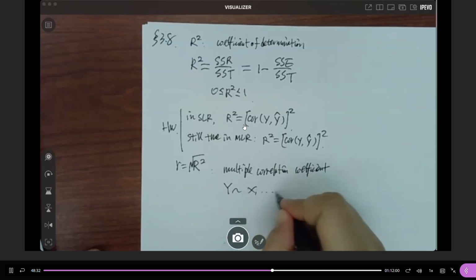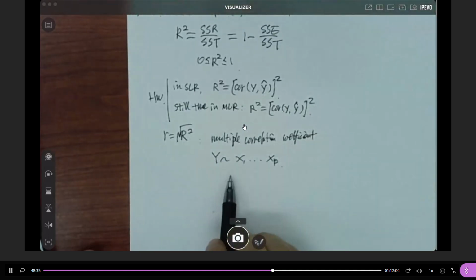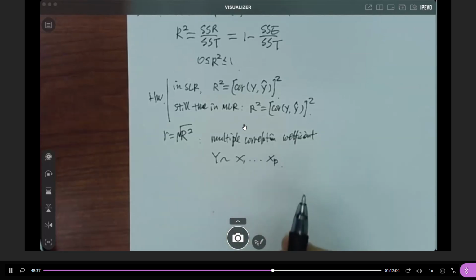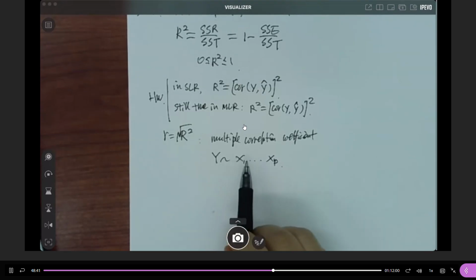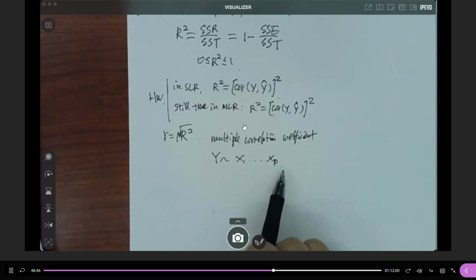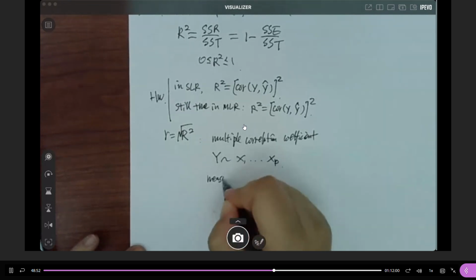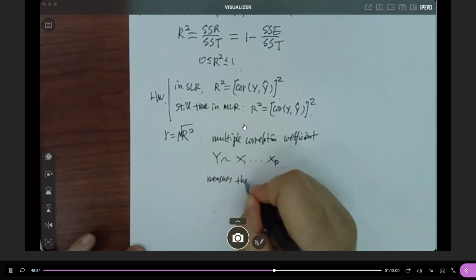It measures the relationship between Y and a set of predictor variables from x1 to xp. In the simple linear regression case, you only have one variable, so you can easily say it's a linear correlation coefficient between Y and X. But right now, it's a relation between Y, not with one particular predictor, but with a set.